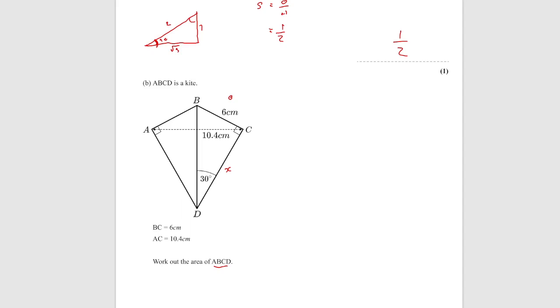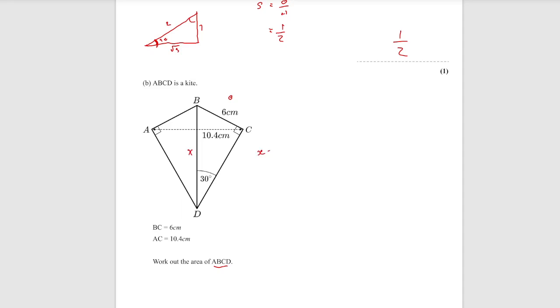I'm going to change this around slightly. I'm going to work out the height of this triangle instead. So the height of this, if I call that x instead, just because I know that I'm going to be using sine 30.